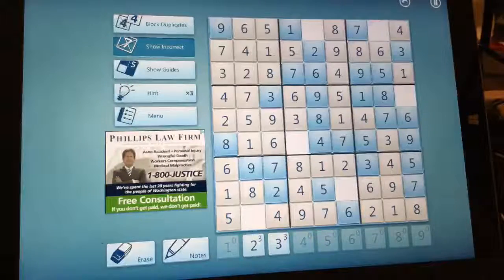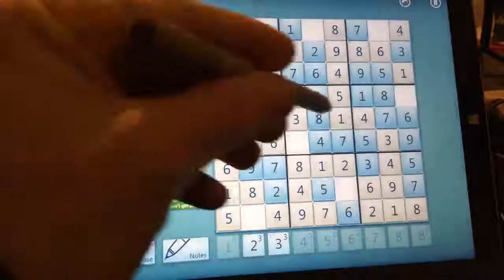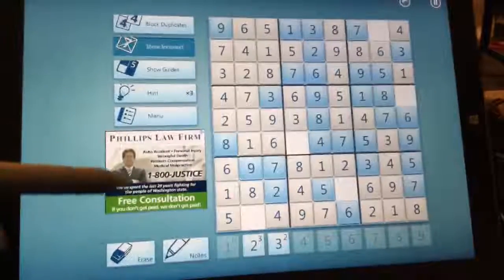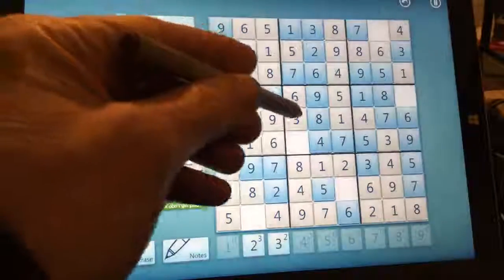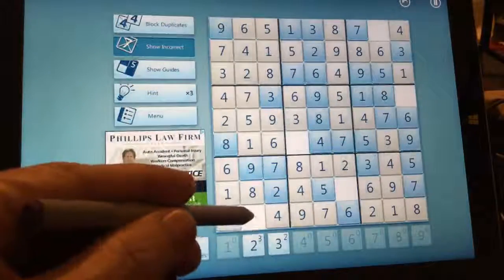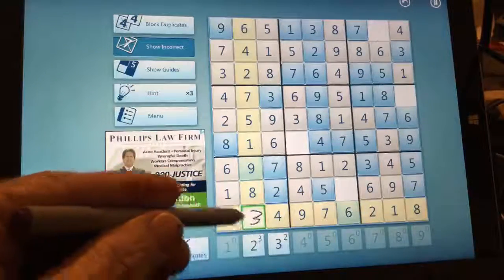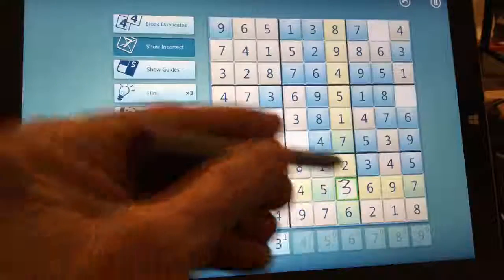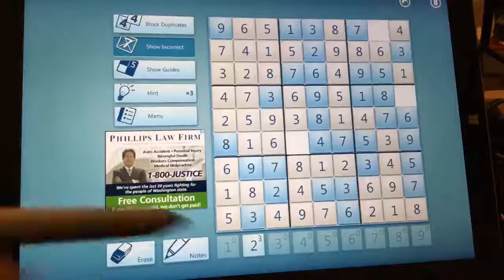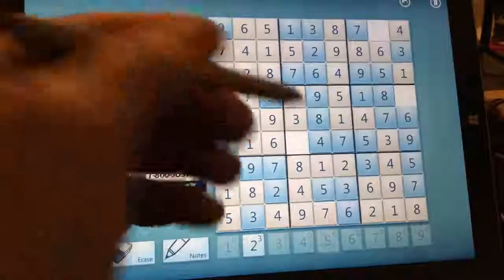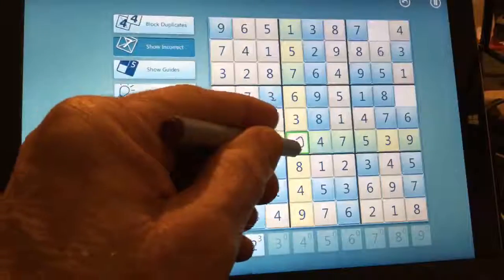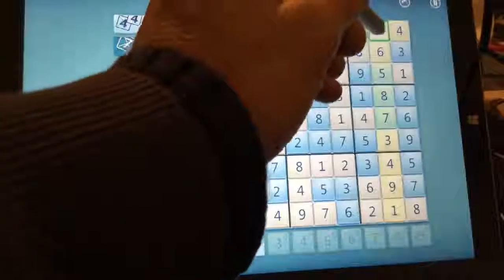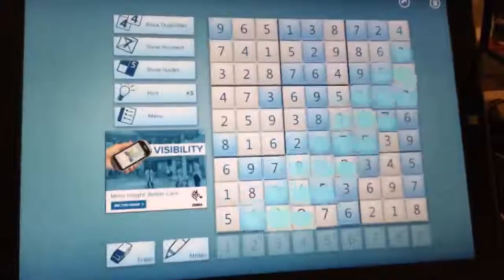Now we're to 3's. 3, 3, and right there. This is missing a 3. Down to 1, 3. And now we're down to 2's, so all there are is 2's. If you want to be quick, which I do with this one, we're just going to complete the puzzle, 2 and 2, and we get the deal.